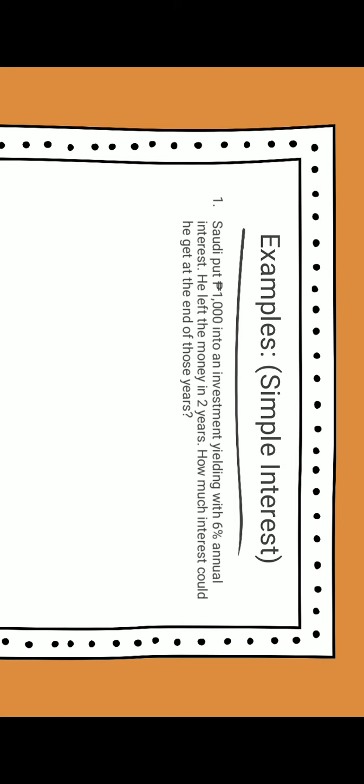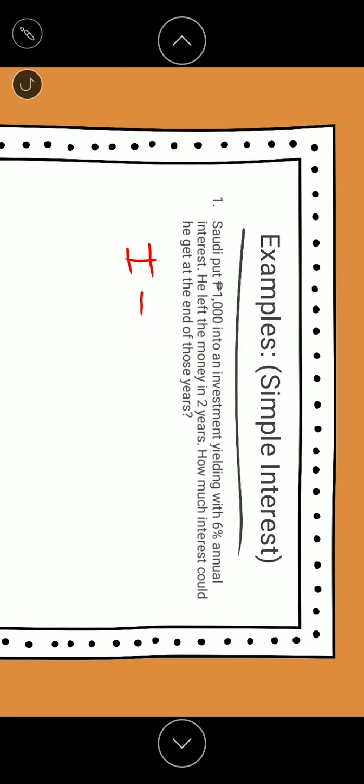So we write I equals P R T, which is I stands for interest, P for principal, R for interest rate, and T for time. Since ang hinahanap natin is interest, ito yung magagamit natin.